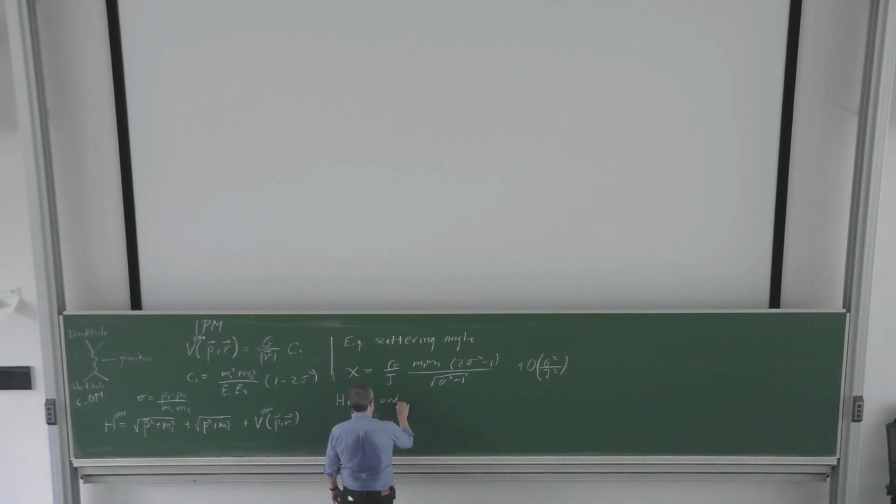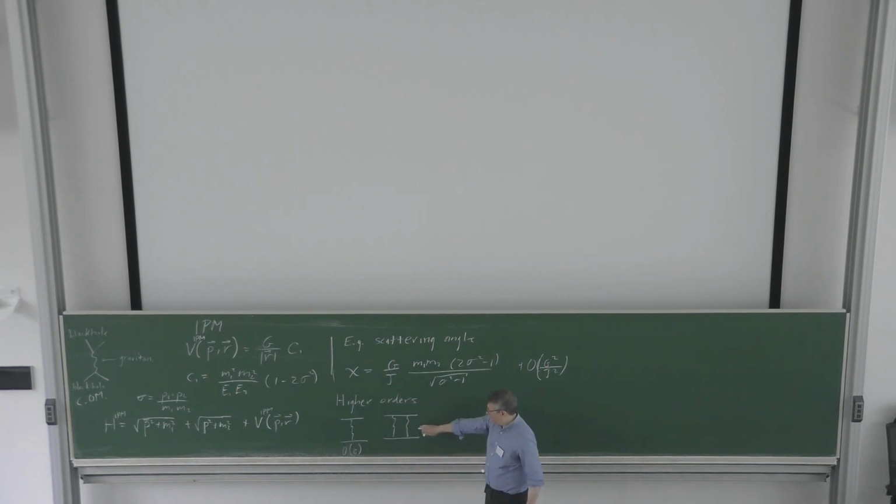Okay, and the way you consider higher orders is, well, you start writing down amplitudes. Well, we can do it in terms of diagrams, but of course we mean amplitude. So this is the order G, and then the next order in the two-body Hamiltonian or in the scattering angle is encoded in these types of diagrams, this and its partners.